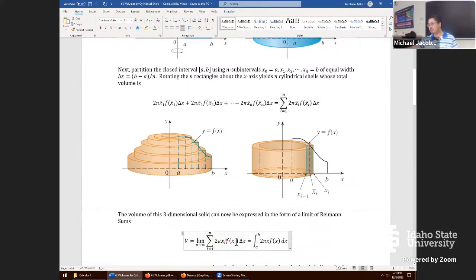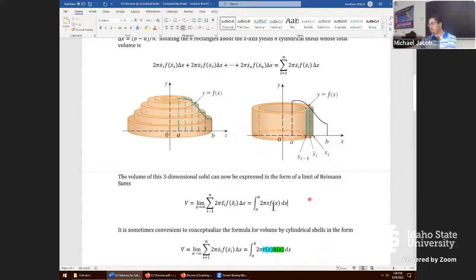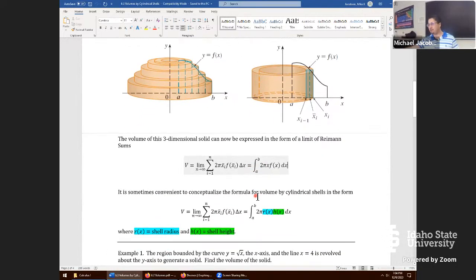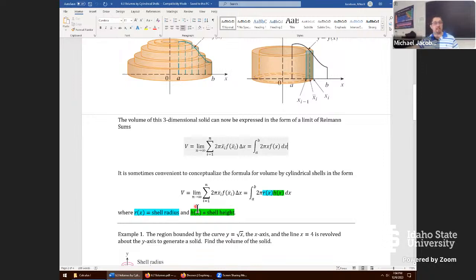And the moment you take a limit of a Riemann sum, that thing converts into the definite integral. We have xi bar, f of xi bar, converting to x, f of x. And the delta x, which was just the width of the shell, is now a symbol, dx, reminding us what to integrate with respect to. So this is our full formula, and this is how our author encourages us to think about it. It's a great way to conceptualize the formula.